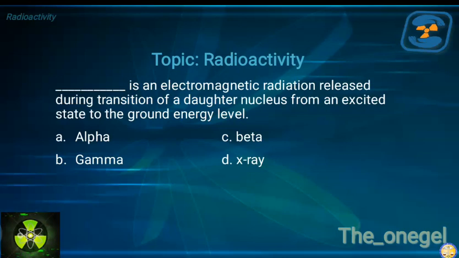Next item. Blank is an electromagnetic radiation released during transition of a daughter nucleus from an excited state to the ground energy level. Letter A, alpha. Letter B, gamma. Letter C, beta. Letter D, X-ray.